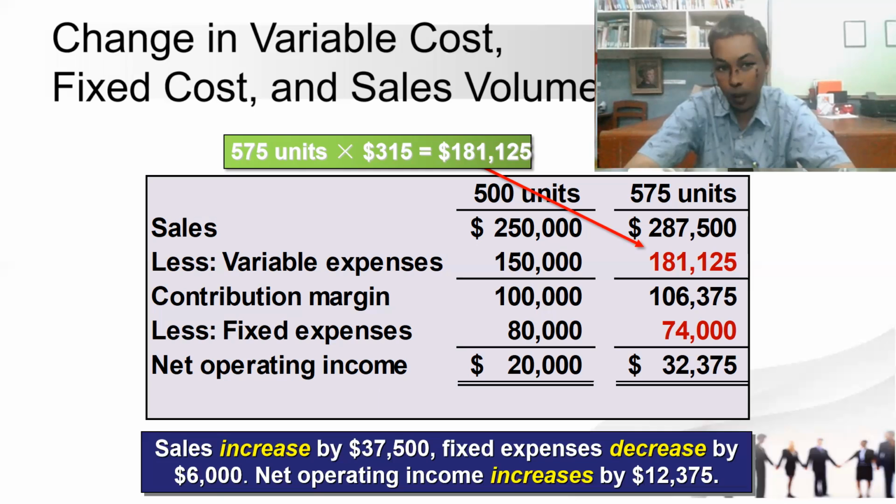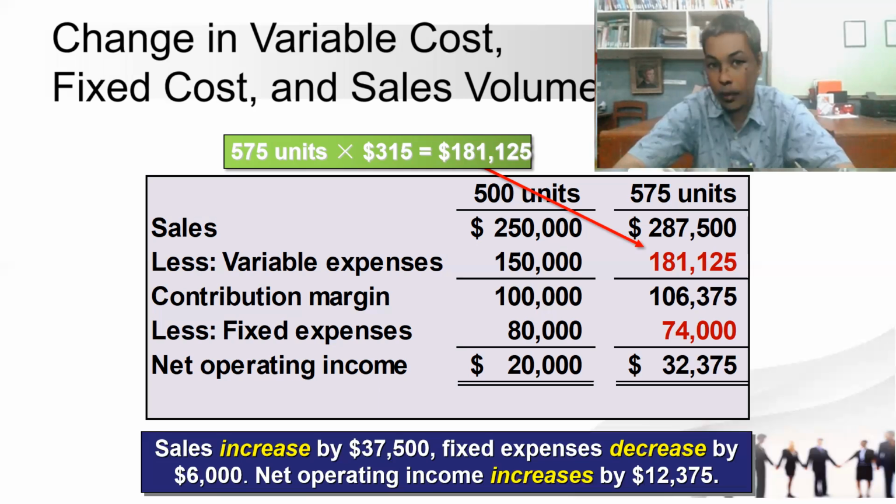Okay, so sales increased by 37,500. Fixed expenses decreased because we did not pay a monthly salary.